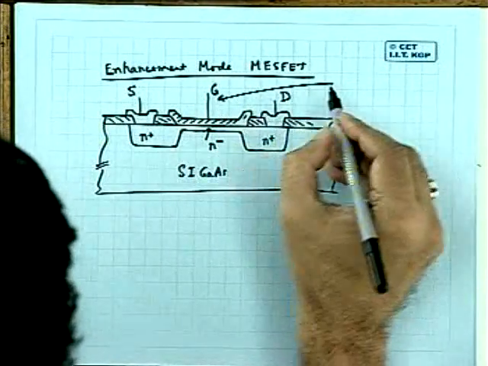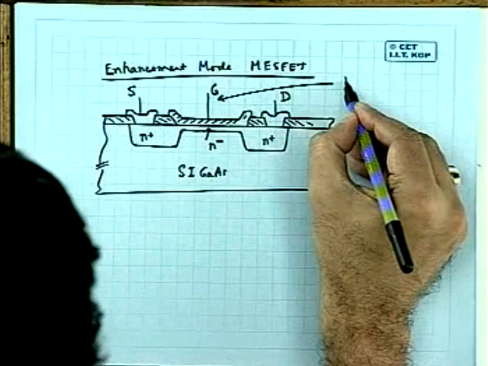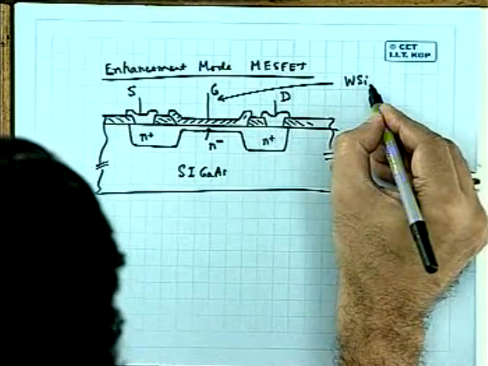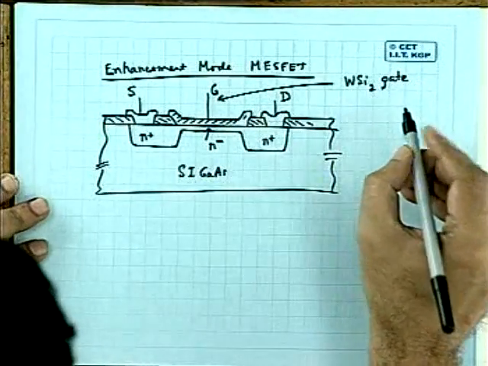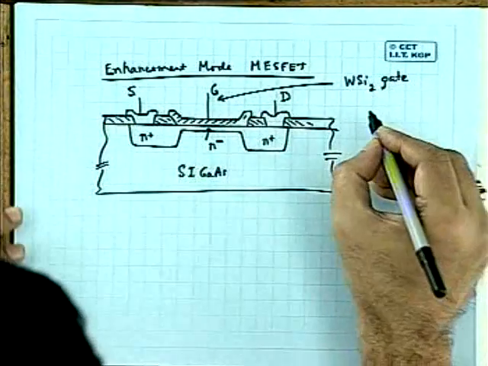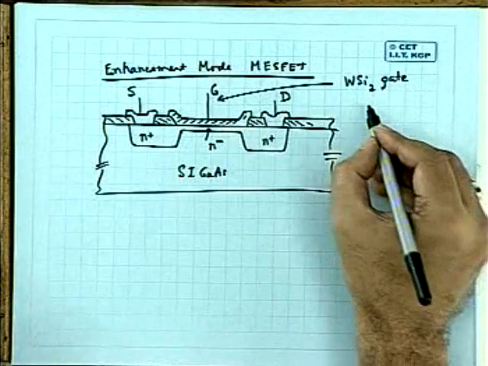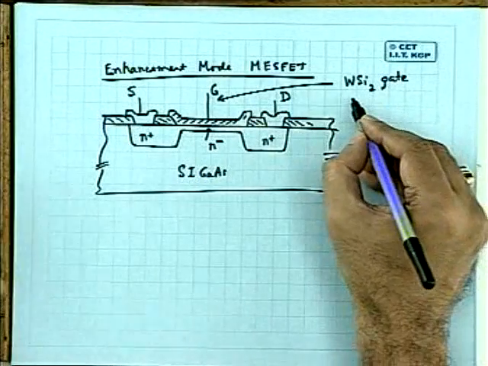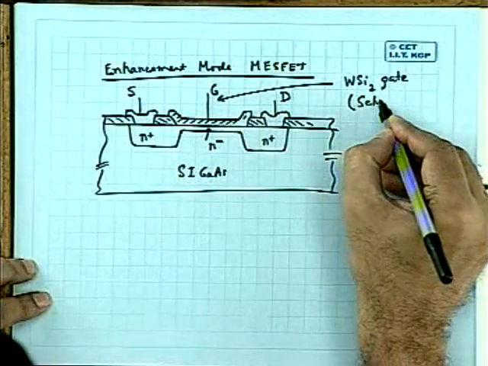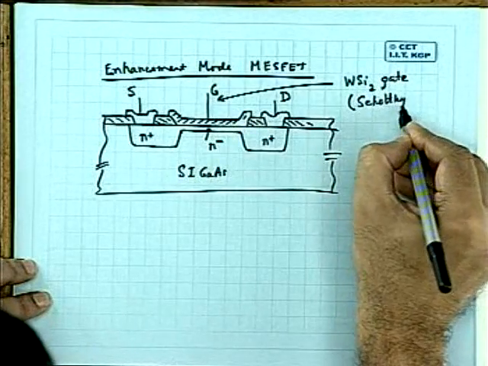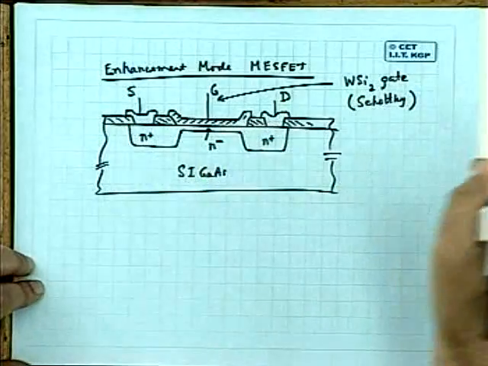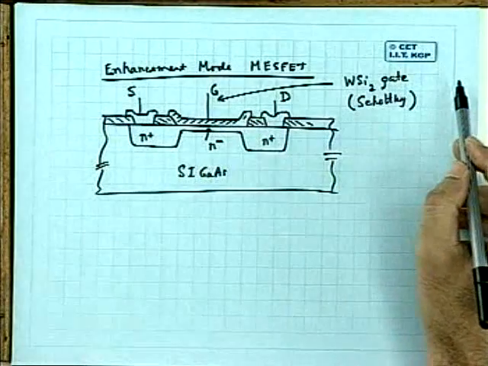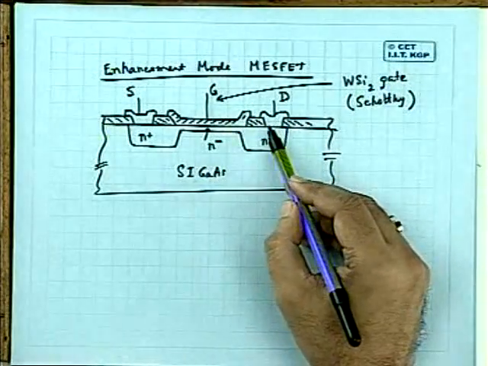Typically, say a tungsten silicide gate, very popular. This is Schottky. These are ohmic contacts, the same gold, germanium, nickel alloy you can use for the contacts.